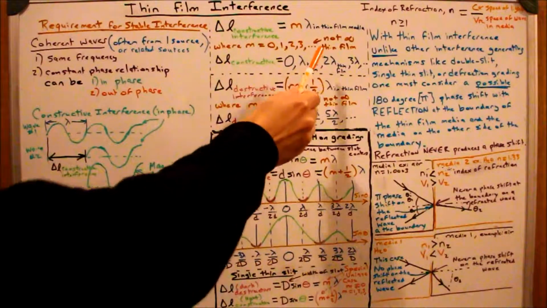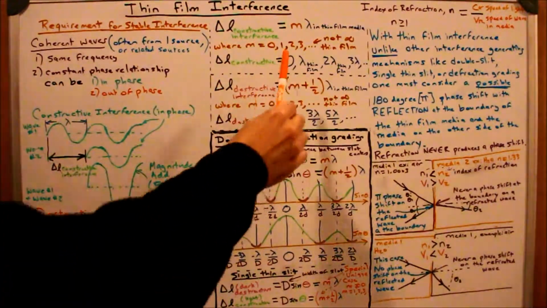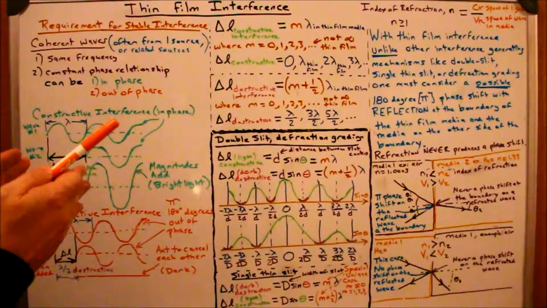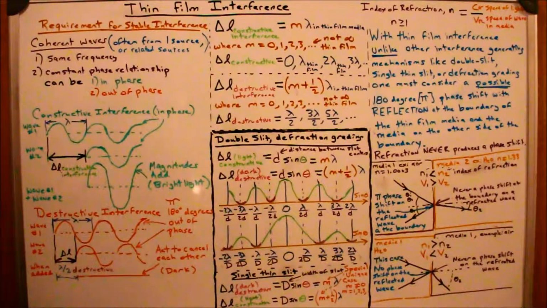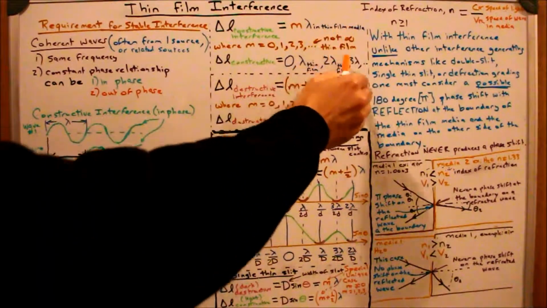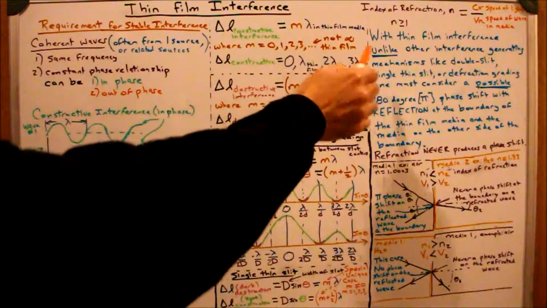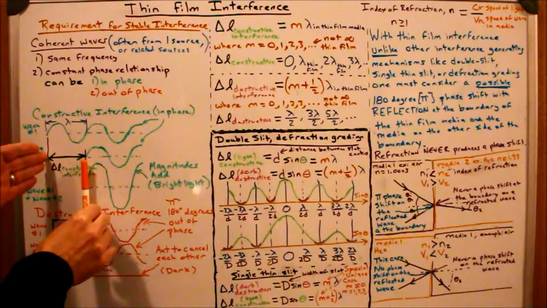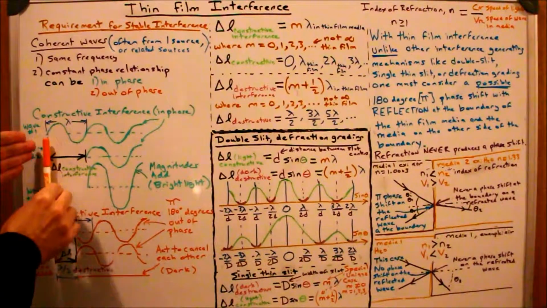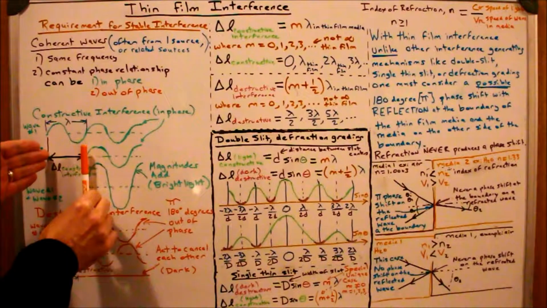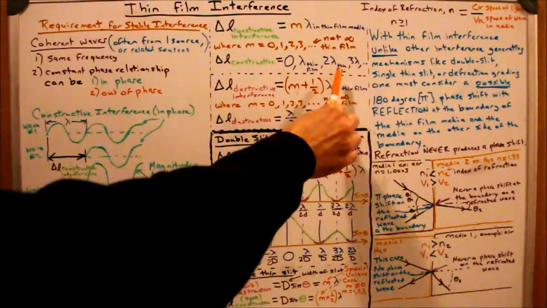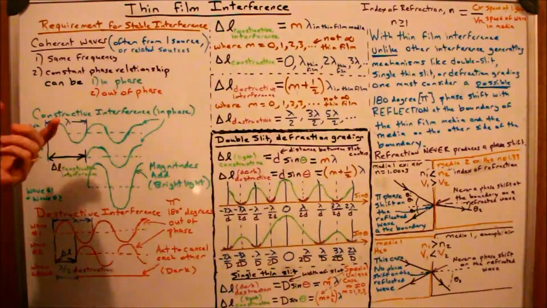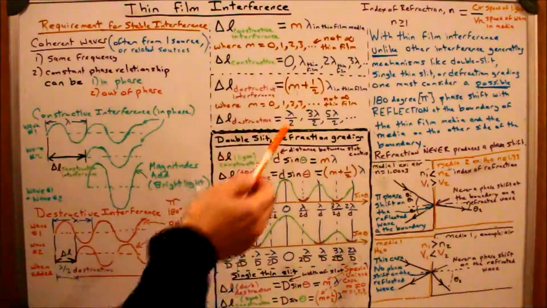But for thin films, these integers don't go to infinity, because we're only considering thin films, so this m doesn't go to infinity. Constructive interference happens when the delta length is 0, 1, 2, or 3 wavelengths, and it must be the wavelength of the wave in the thin film medium.